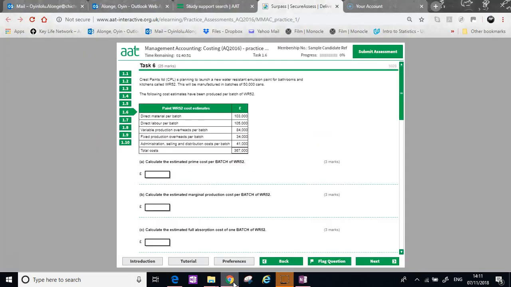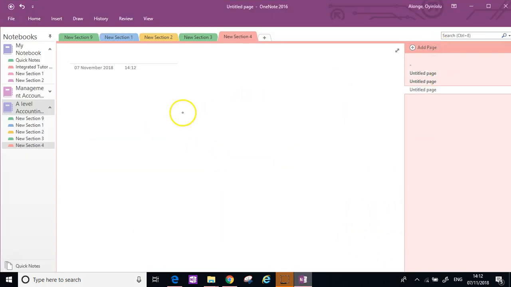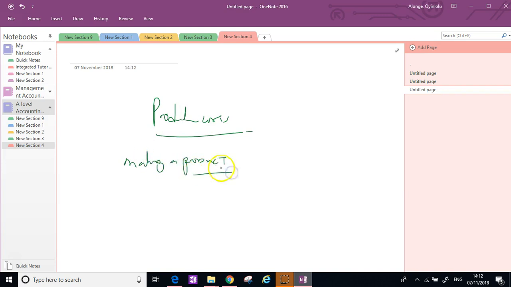So the full absorption cost is saying take the material, the labor, the variable production overheads, and the fixed production overheads. Let me be clear here: what we're really dealing with is production costs, because you're making the product. When we think about production, we're thinking about the trading account.